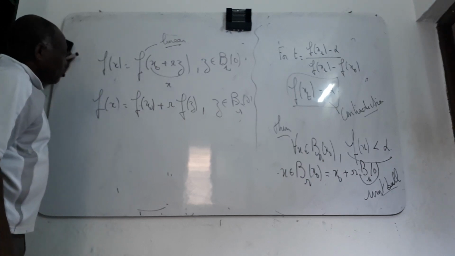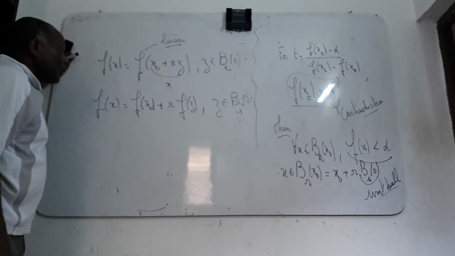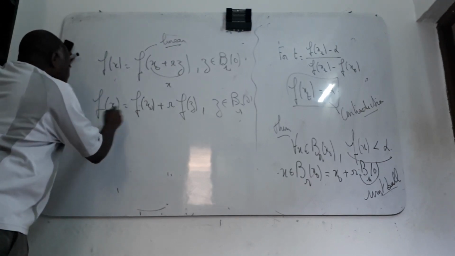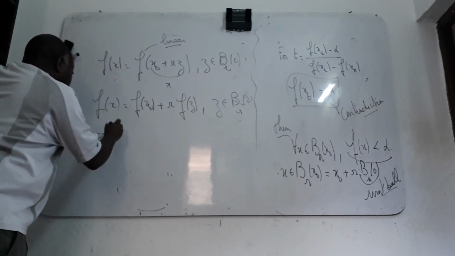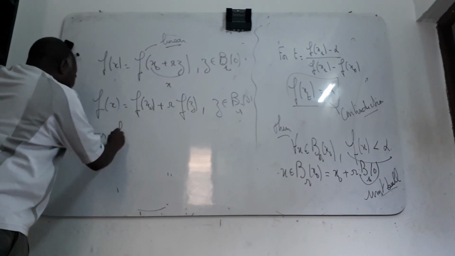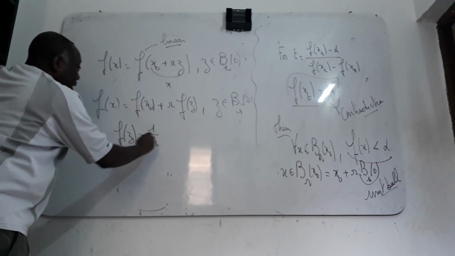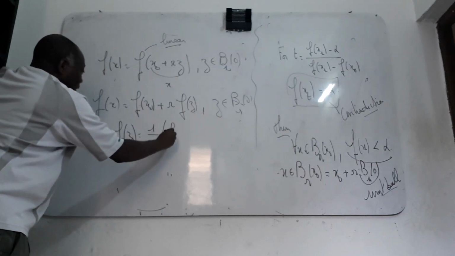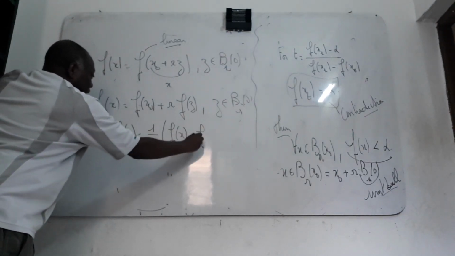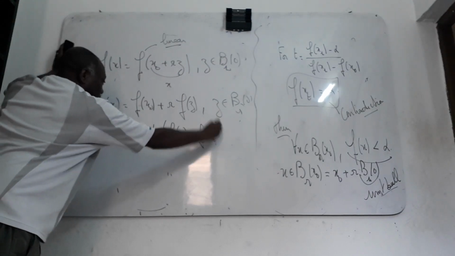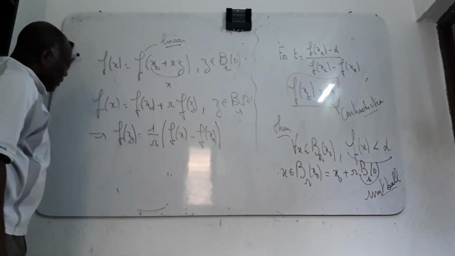But now let us consider the norm of this kind of function. First of all, f of z can be written like 1 over r of f of x minus f of x0.